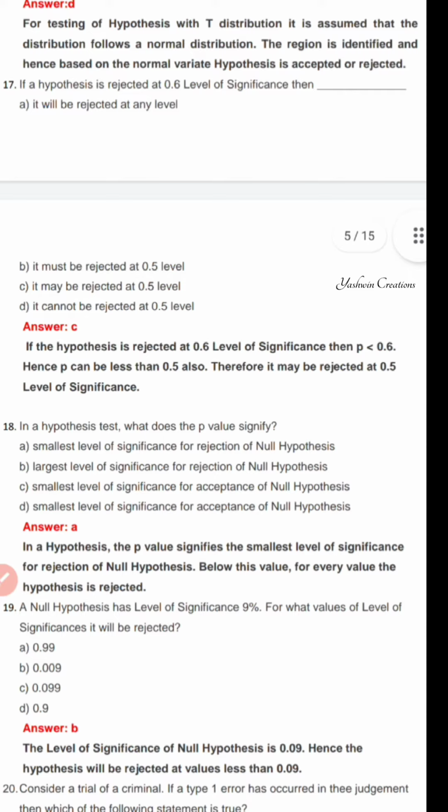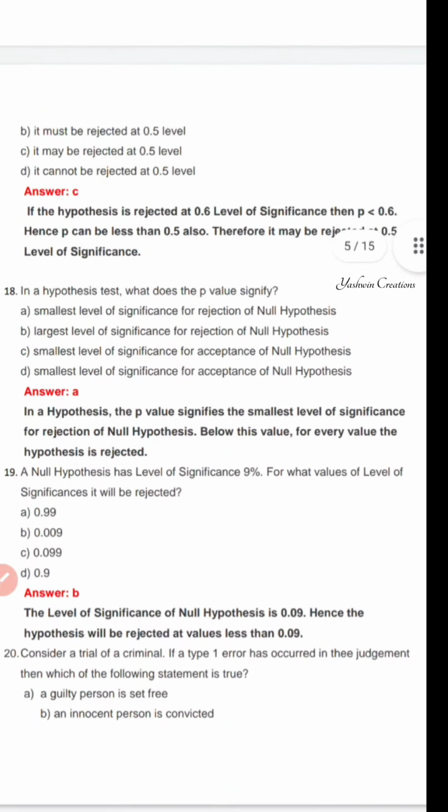So the p-value signifies the smallest level of significance for rejection of the null hypothesis. Remember that: smallest level of significance for rejection of the null hypothesis.